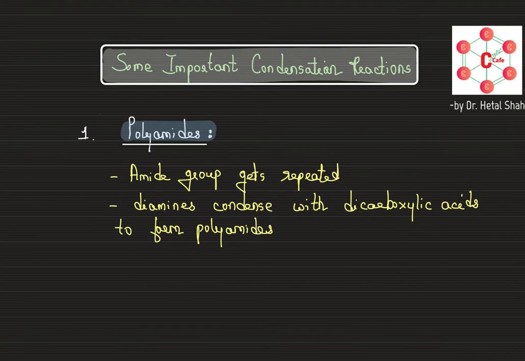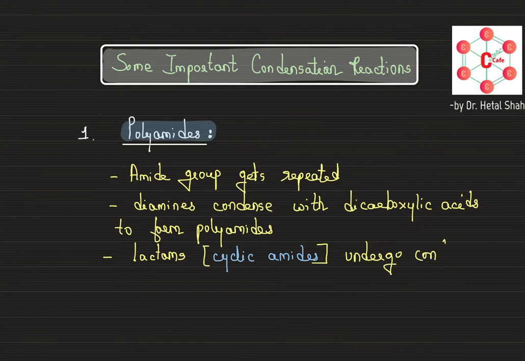You may even find that many a times lactams, which are basically cyclic amides, can undergo condensation to form polyamide type of polymers.